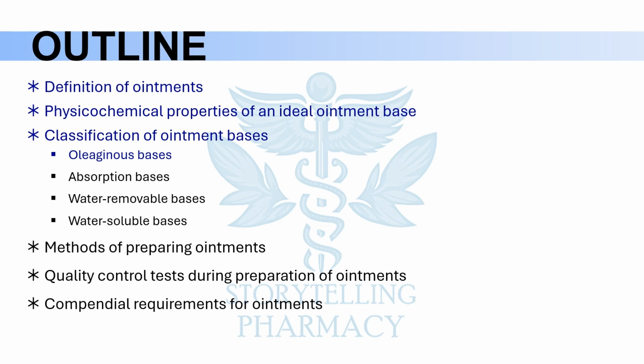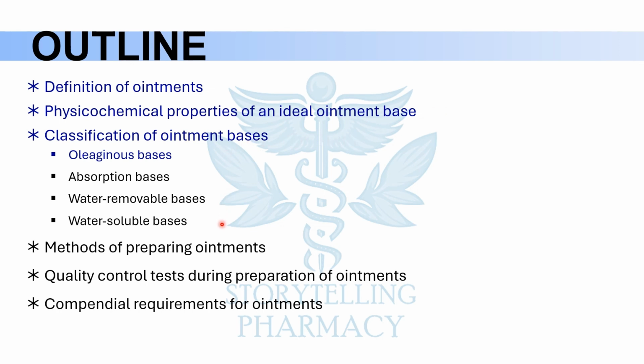Now that we've understood the basics of semi-solid dosage forms, we're going to talk about ointments. It's the most content-heavy type of semi-solid dosage form, so that's why we're going to tackle it first. This is the outline. We're going to talk about what ointments are, physicochemical properties of an ideal ointment base, classification of ointment bases.